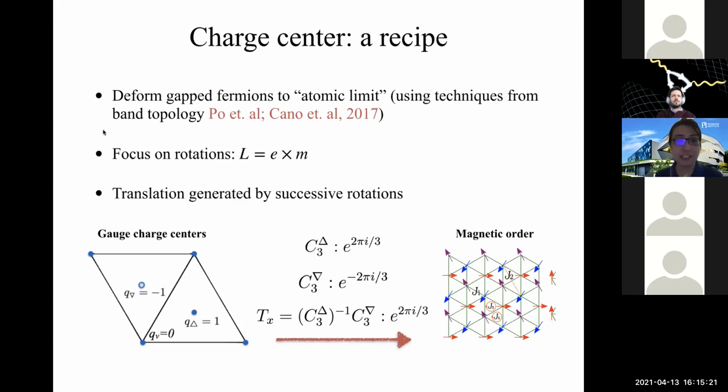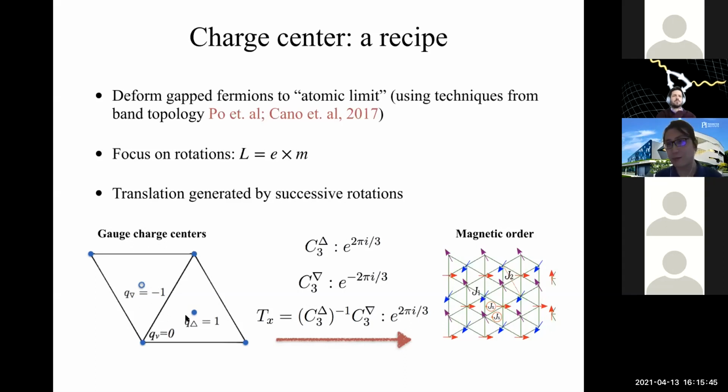The brief idea is this: you deform these gapped fermions to some trivial limit, some atomic limit, using techniques developed in band topology. There is a well-defined recipe to figure out exactly what type of atomic insulator you will deform to.